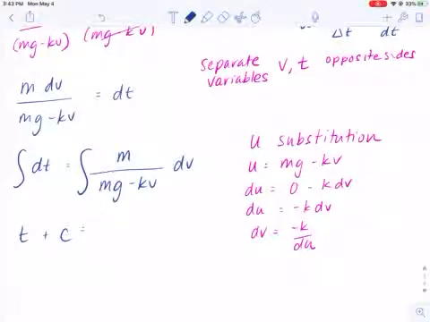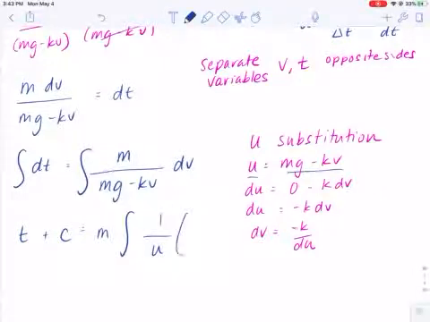I'm going to factor out this m here on the top and put it outside the integral because I know it's a constant. I'm glad I thought about that earlier. And I'm going to say 1 over u, because remember u was mg minus kv.